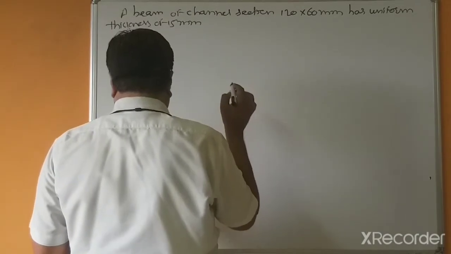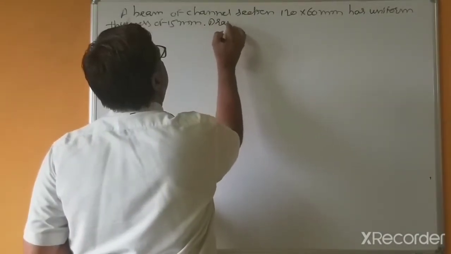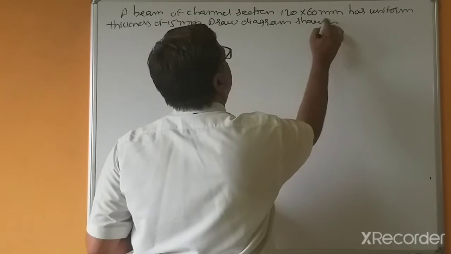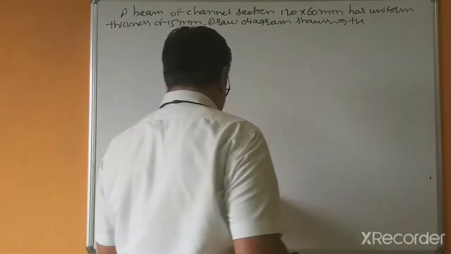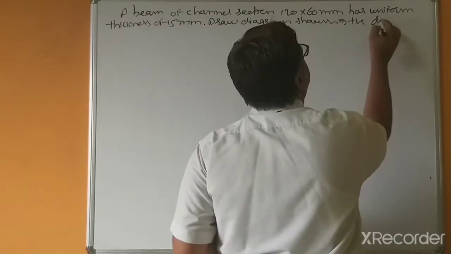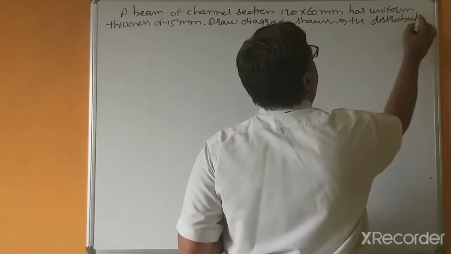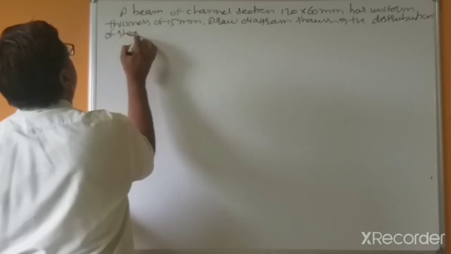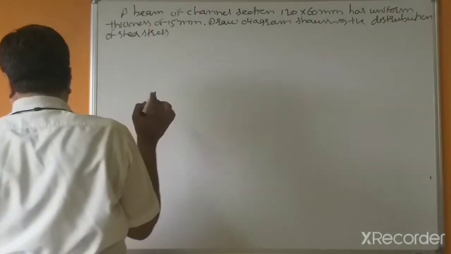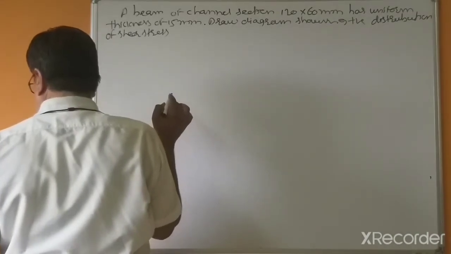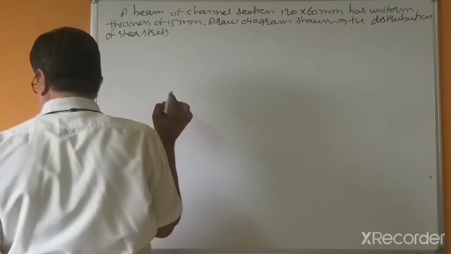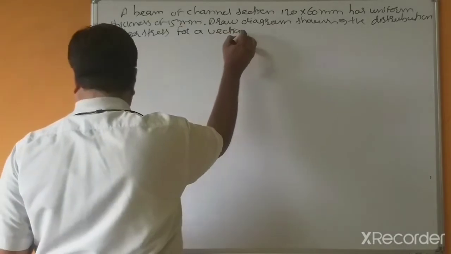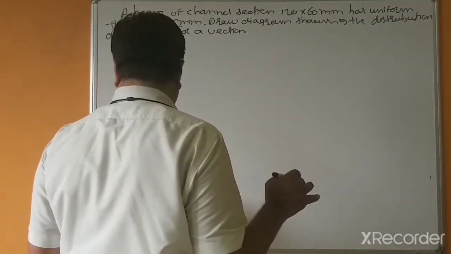Draw a diagram showing the distribution of shear stress for a vertical C section, where shear force is 60 kilonewton. Find the ratio between maximum and mean shear stress.